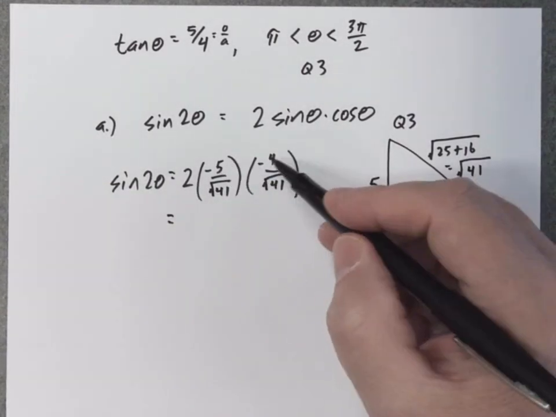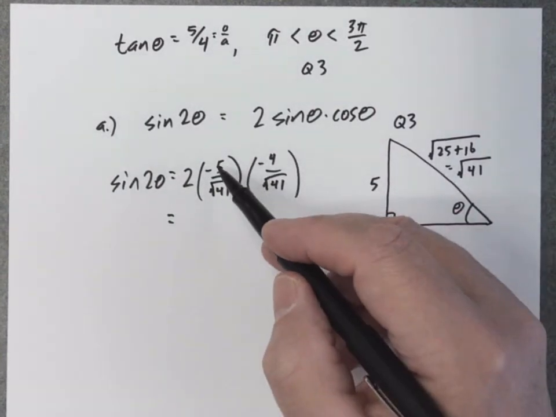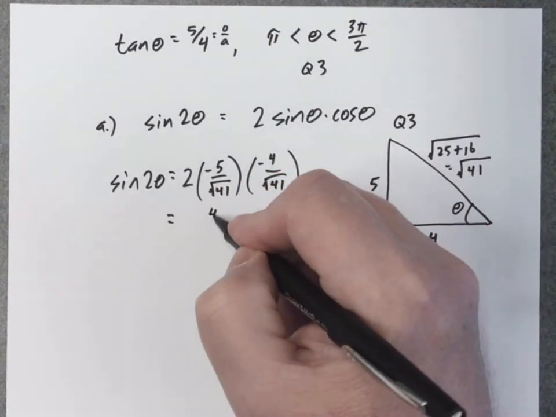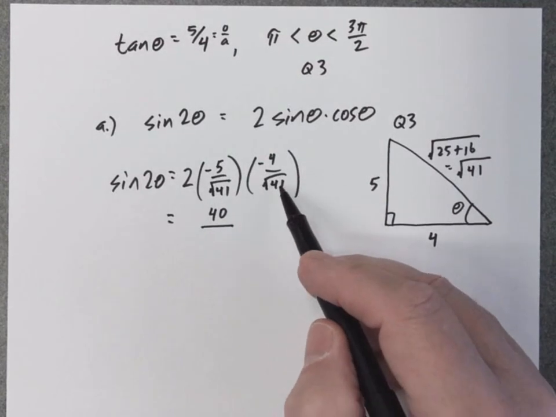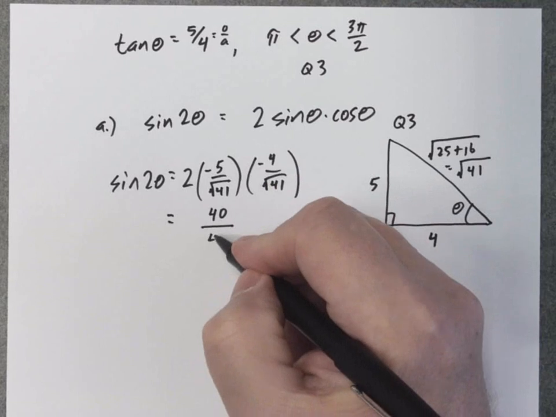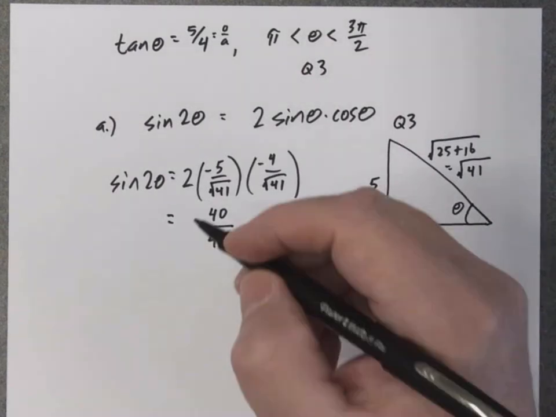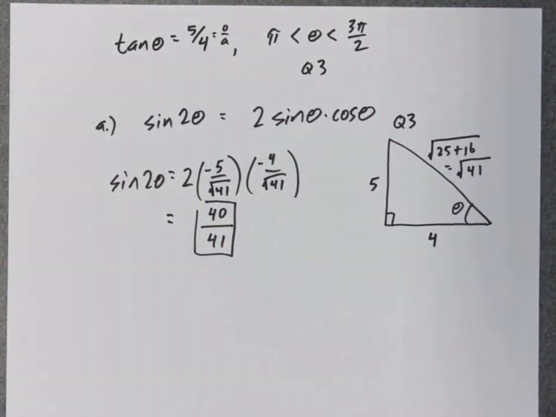Hopefully you all remember when you multiply fractions, you multiply the tops and the bottoms. So negative 5 times negative 4 is positive 20 times 2. So on the top I have 40. Now square root of 41 times square root of 41, when you multiply two identical square roots, you just end up with what's inside, and therefore that's the sine of 2 theta.